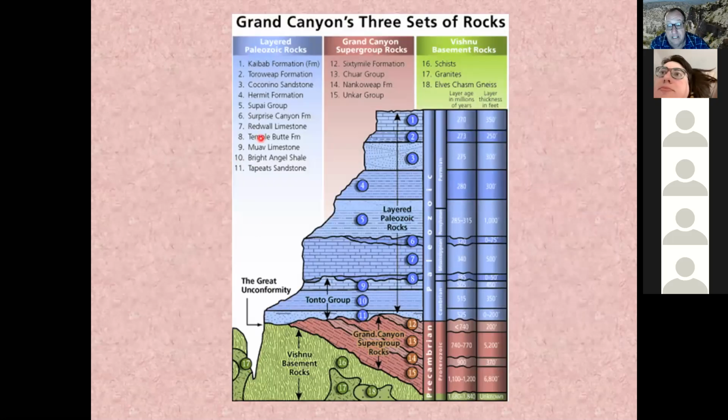Here's another scheme of things. As you might be looking at a book, you see the millions of years ago over here. So the oldest rocks are about 1.6 billion years old in the Grand Canyon. And then you get into the sedimentary rock starting about 525 million, all the way up through.